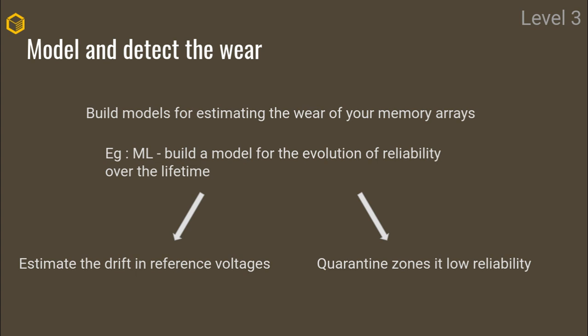And we can build these models either beforehand or even inside. Generally, you would build a model and then you would program this model inside of your controller, and it would monitor the evolution and the reliability of the lifetime of your cells, and then adjust various parameters according to that in order to still maximize the lifetime of your disk.